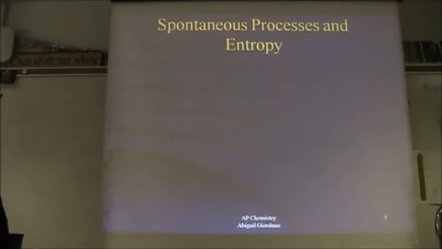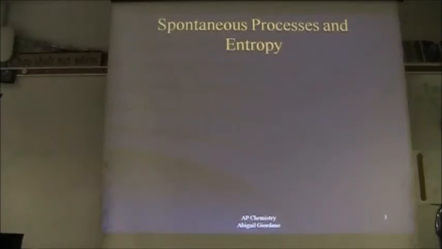So, the first thing that's going to come up in this chapter, and honestly you're going to be asked this really throughout all of chapter 19, is you will be given a situation, a process or a chemical reaction. You'll be given some information about it, and the question will ask, is this process, is this reaction spontaneous or not?